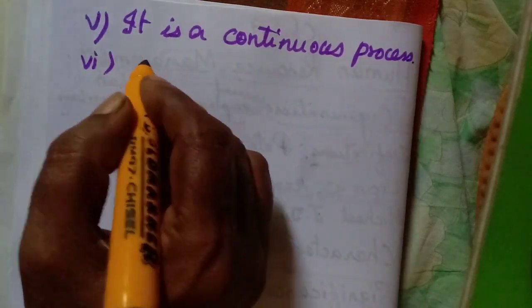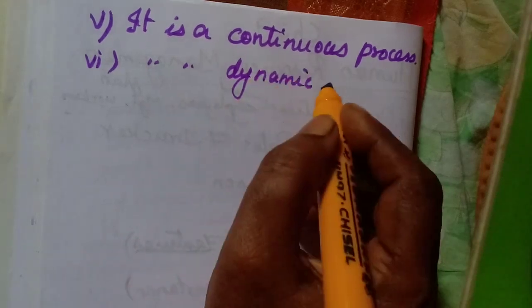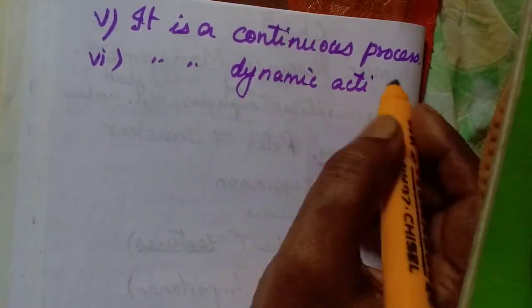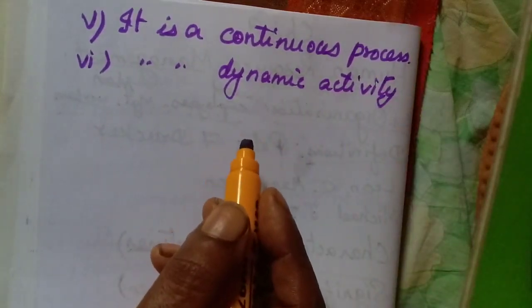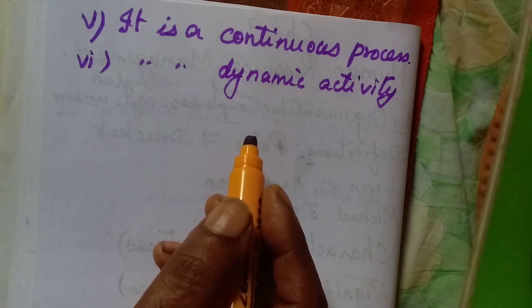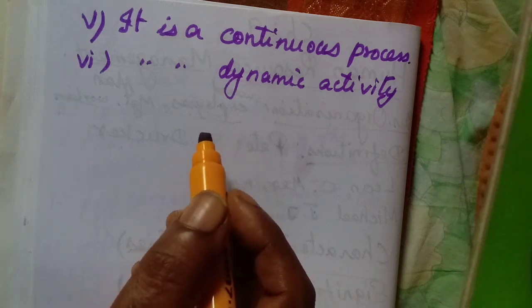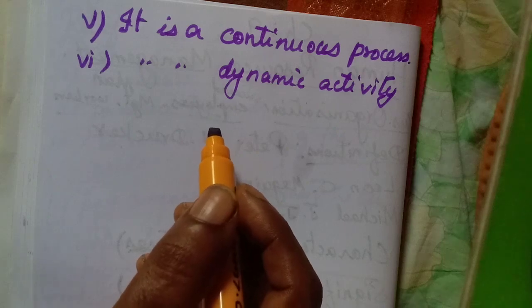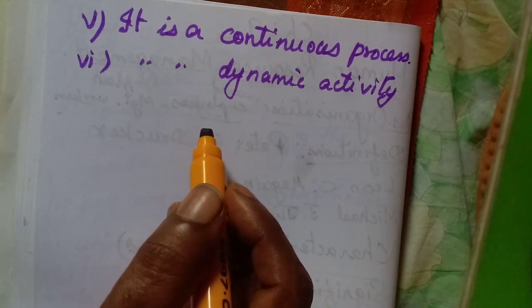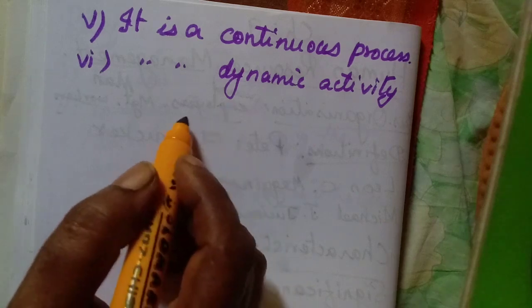It is a dynamic activity. Dynamic activity, because human beings are not stable, not machines or objects to keep in a particular place and operate. They have some feelings and emotions, isn't it? That must be handled with great care and diligence in order to have maximum utilization.